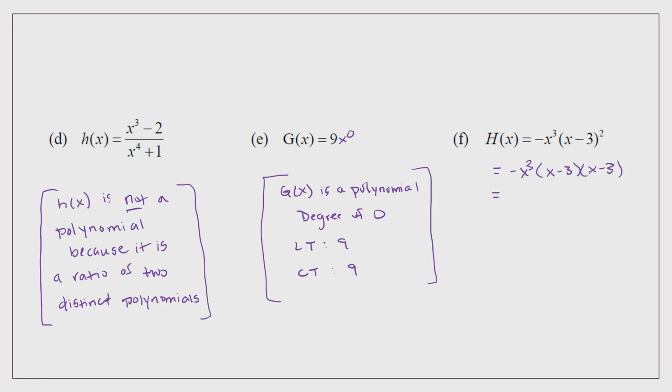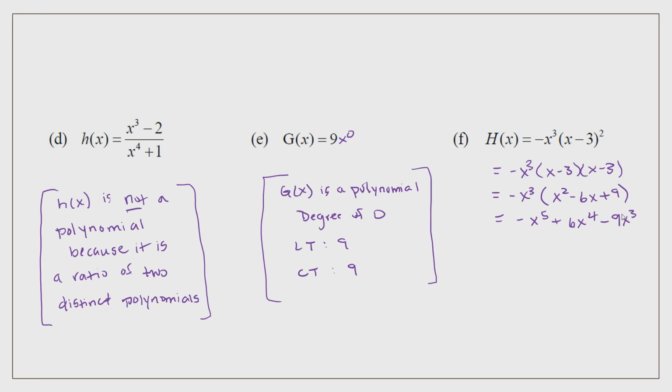So let's multiply our two binomials together, and we will get x squared minus 6x plus 9, and then distribute our negative x cubed, which is negative x to the fifth, plus 6x to the fourth, minus 9x cubed. And now we have our function written in standard form.